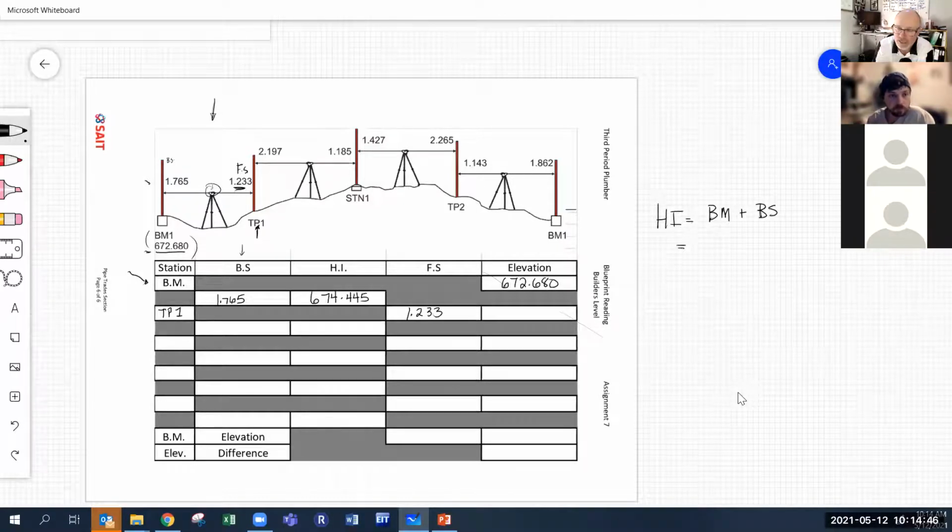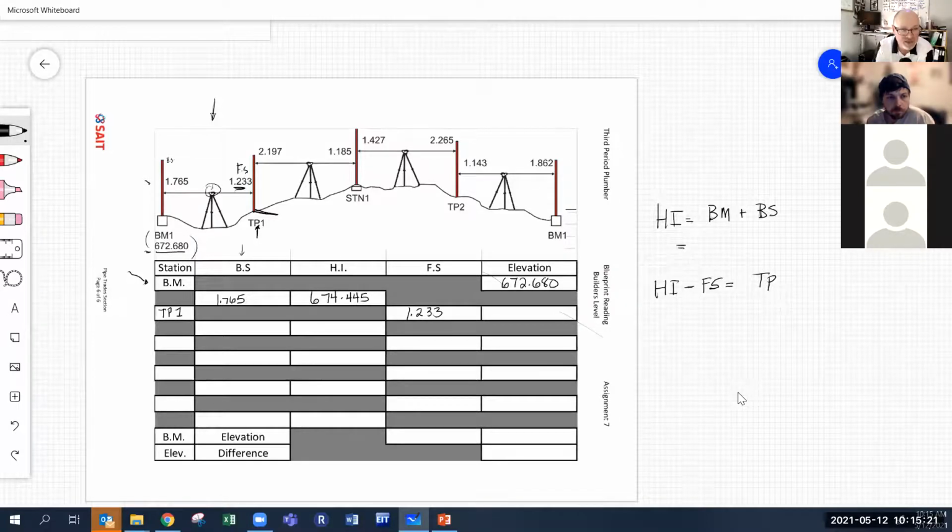Because we have the height of the instrument and the foresight, we can get the elevation of turning point 1. To do that, we take the height of the instrument and minus the foresight. And that would equal our turning point.